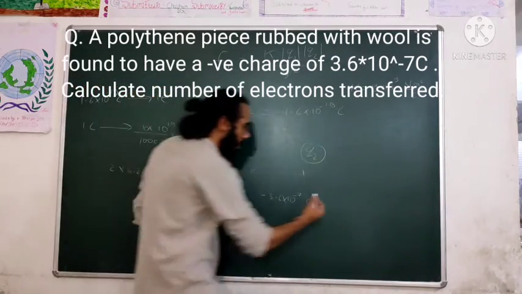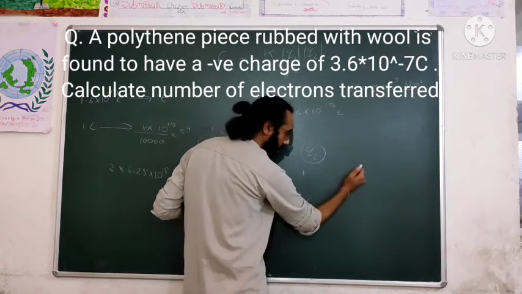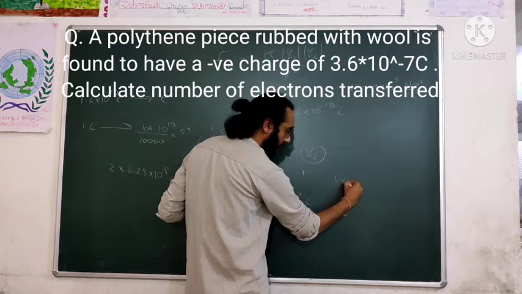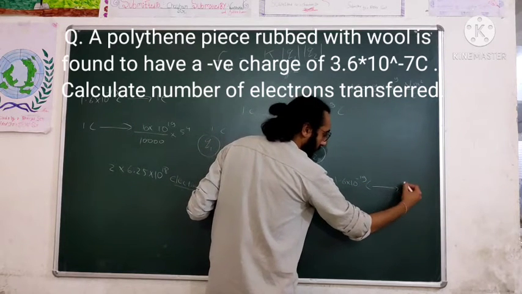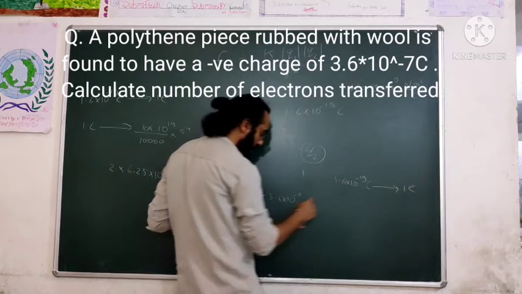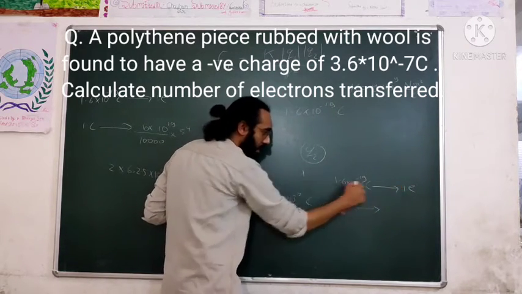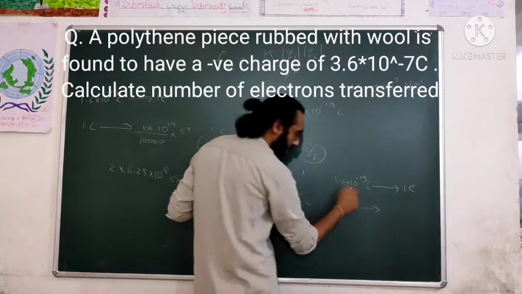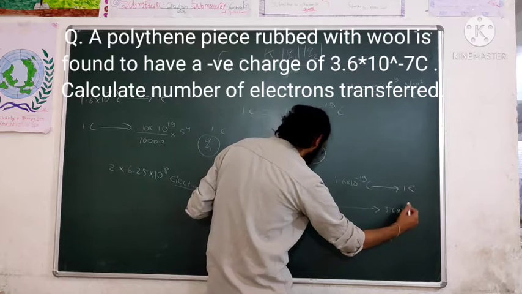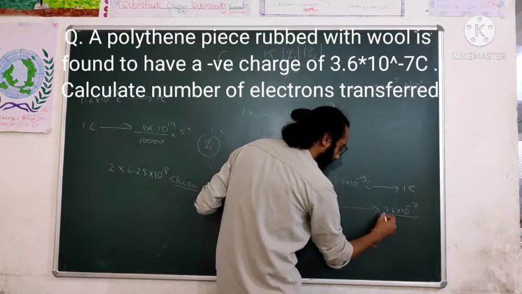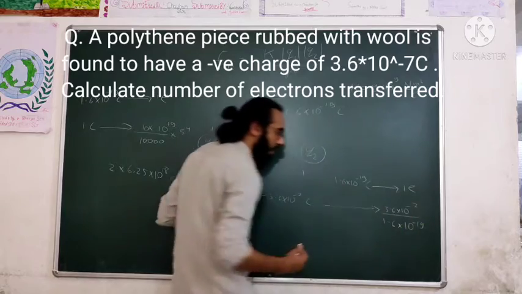We know that 1 electron has, sorry, we have to write it the other way: 1 electron has 1.6 into 10 to the power minus 19 Coulombs of charge. So this much charge corresponds to how many electrons? We multiply by this and divide by this number. So it is 3.6 into 10 to the power minus 7 upon 1.6 into 10 to the power minus 19.